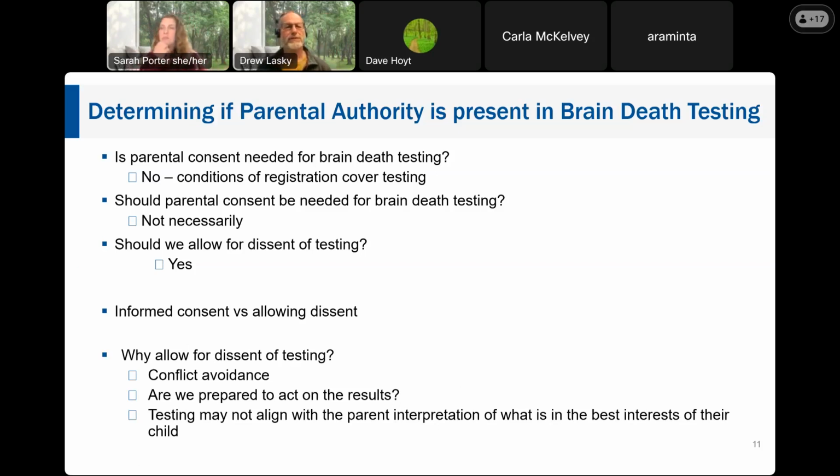And you have to think about the outcome. If you proceed with testing and you have satisfied criteria for death by neurologic criteria, then you're declaring the child dead. And then what? What if the parents aren't going to allow removal of the ventilator? What happens with respect to insurance?